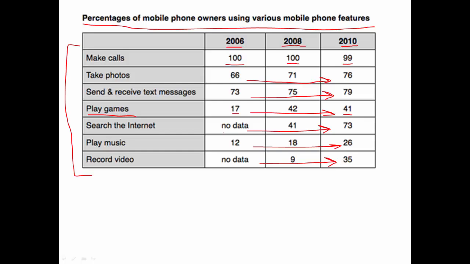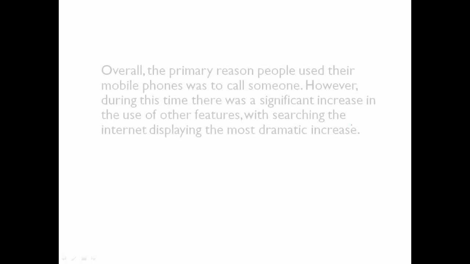Search the internet from 0 to 73, so that's massive. 12 to 26, this is not significant, and no data to 35, that's not very significant. So searching the internet is our third thing. Searching the internet showed the biggest increase from 2006 to 2010, and they are our 3 key features.